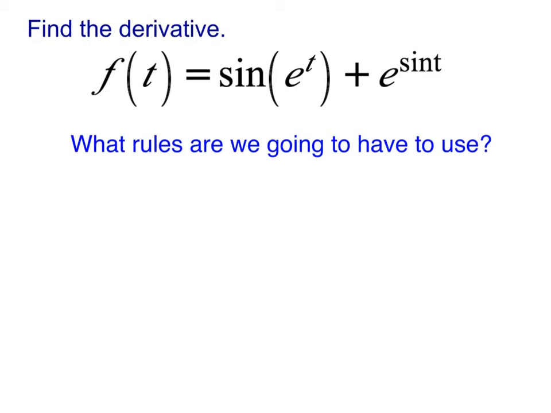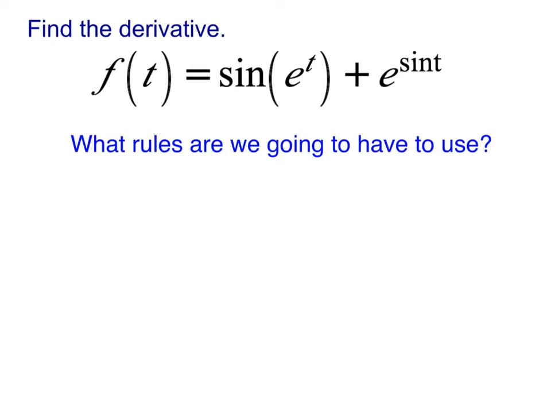Is that multiplying those 2 functions? No, it's not what the parentheses there means, right? That e to the t is inside of sine. It's not times sine. Now, what about over here? Is that multiplying the 2 functions? No. Again, that sine is inside of the e to the power of. And so no product rule in this case.